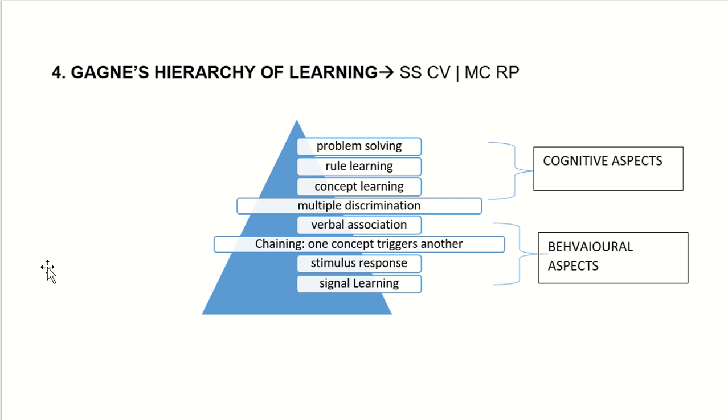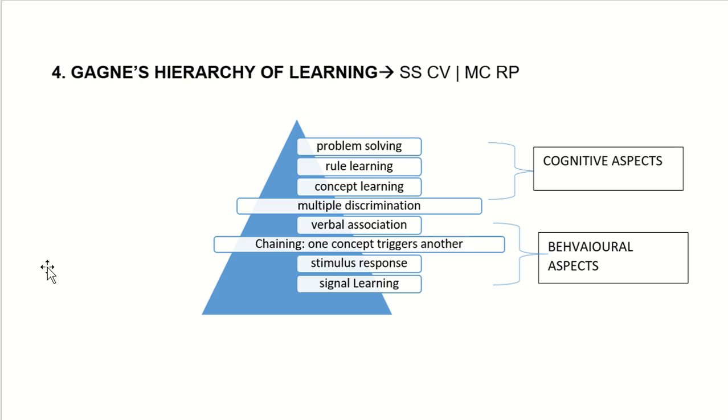Here we have divided the hierarchy into 2 aspects. One is cognitive aspects, the other one is behavioral aspects. Okay, so the first 4 belong to the cognitive aspects, whereas the last 4 belong to the behavioral aspects. But we need to remember again how the sequence is. What comes first, what comes last.